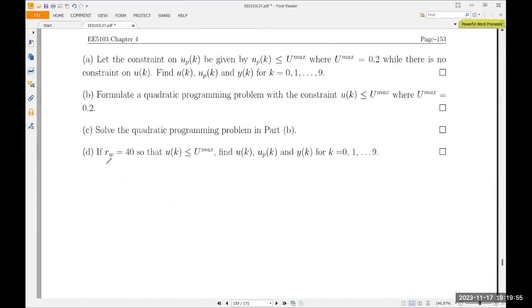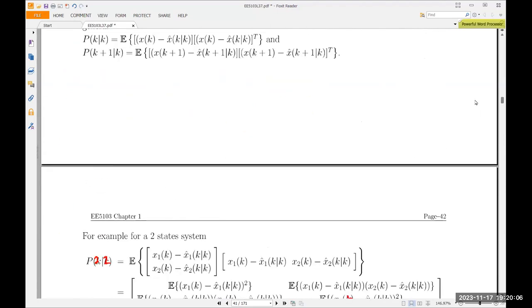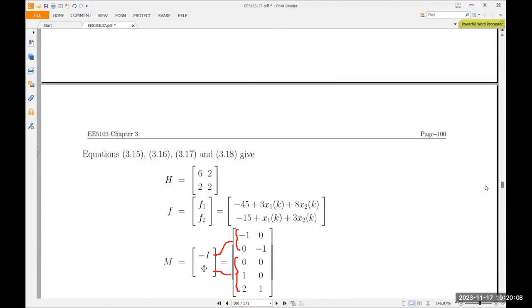So to get that, you choose a weight to be 40. RW 40, if you go back to when I first taught you MPC, you see where it comes in.